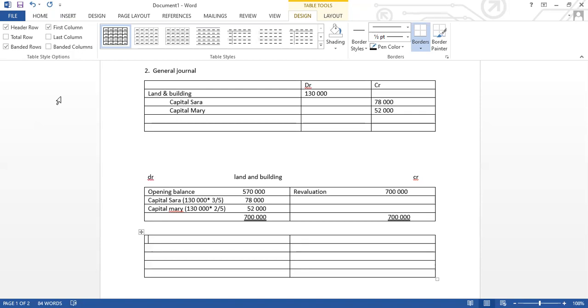Okay. Yes, so there are two different things. In this case, we still have to do the capital account. Yes, I think there's a question that requires us to draw up a capital account.